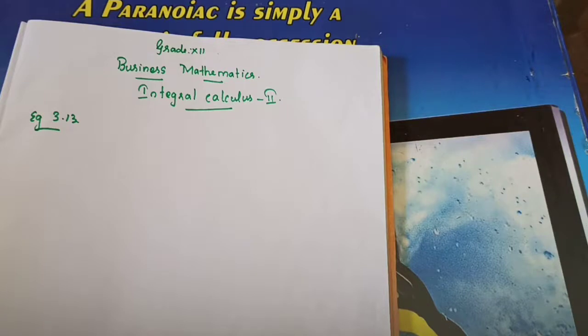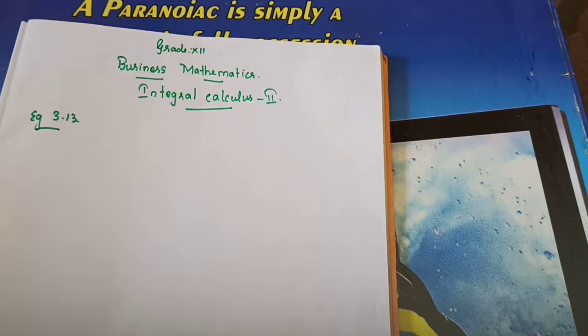With respect to the change in the number of additional labor x, the meaning is, if you take P as production, the rate of change means dP by dx. Why ma'am are we putting dx? You will have a doubt. The reason is they gave the change in the number of additional labor x, so the rate of change of production with respect to x.